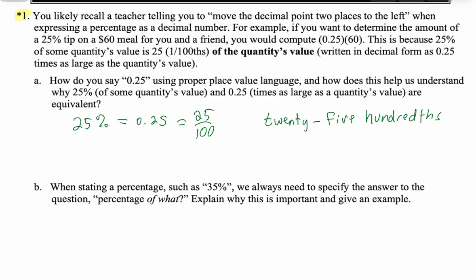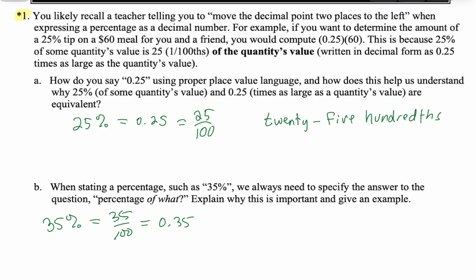So B, when you are stating 35%, it says a percentage of what, and explain why this is important and give an example. Well, remember, 35% is 35 hundredths, or 0.35 of something. Mathematically, that word "of" tells us a lot of times to multiply.